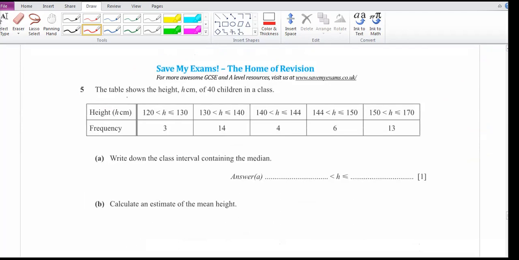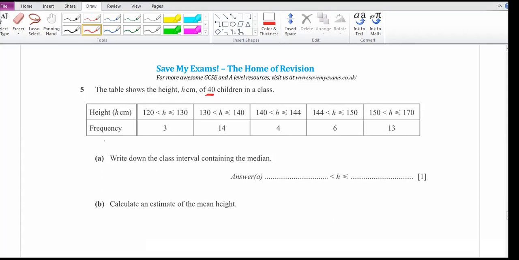Okay, next, question number 5: the table shows the height of 40 children in a class. This is the table. Write down the class interval containing the median. The total number of students is 40. So where will the median class be? Because the numbers are even, for finding the median class, what you have to do, that we discussed in our last class, is take the cumulative frequency.